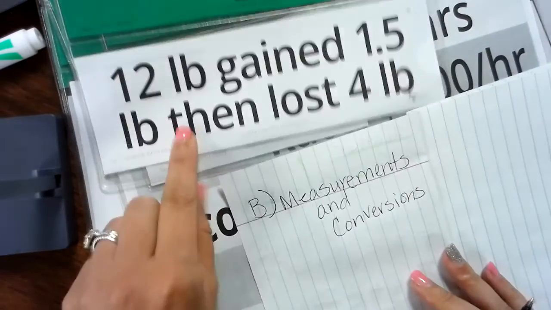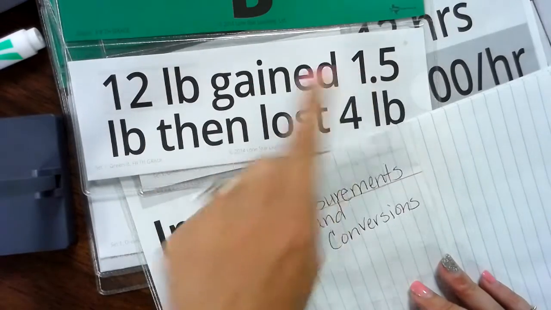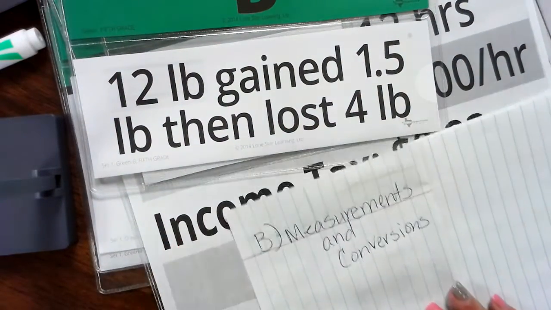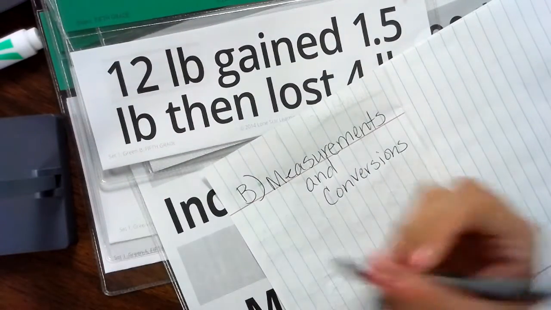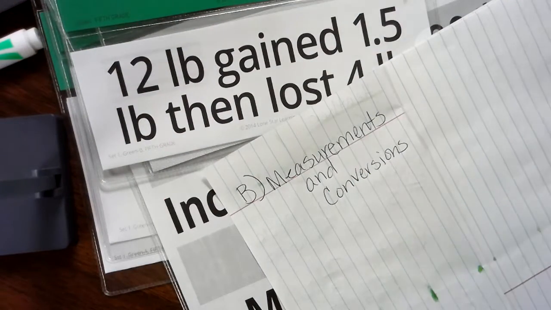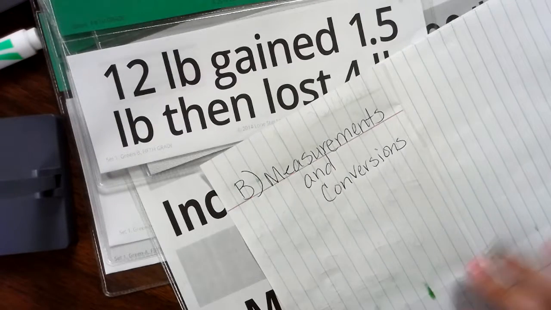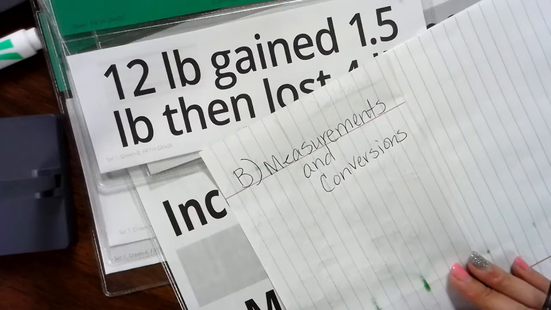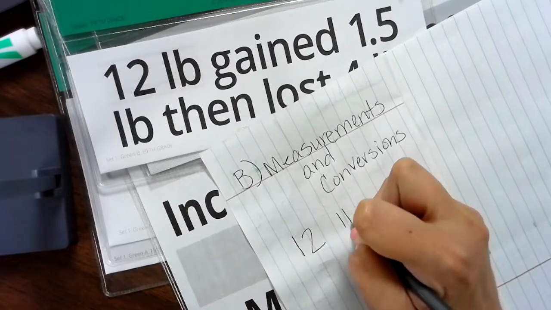So I weighed 12 pounds. I gained 1.5 pounds, and then I lost 4 pounds. So there are a lot of things going on. So I start with 12 pounds.